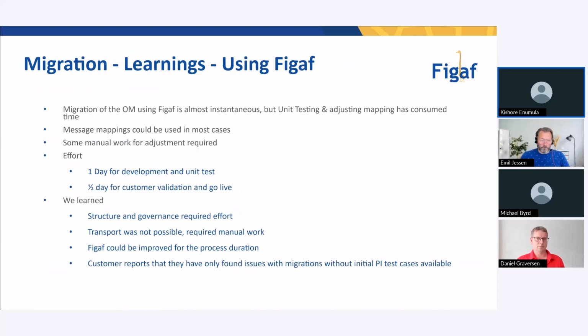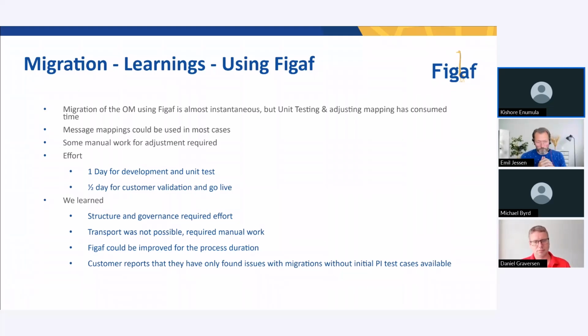The most important learnings, I'll try to summarize, because that is where we see projects can tip off the cliff if they are not vigilant enough. The first thing is the structure and governance required for the project. I think my colleague Emil will cover that in his presentation.